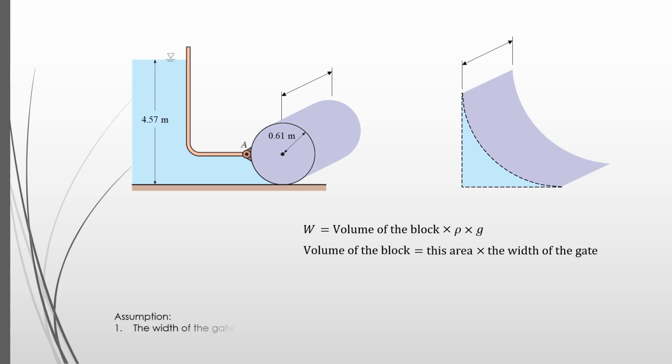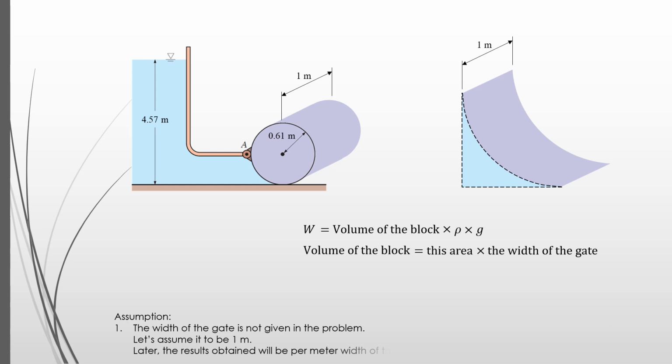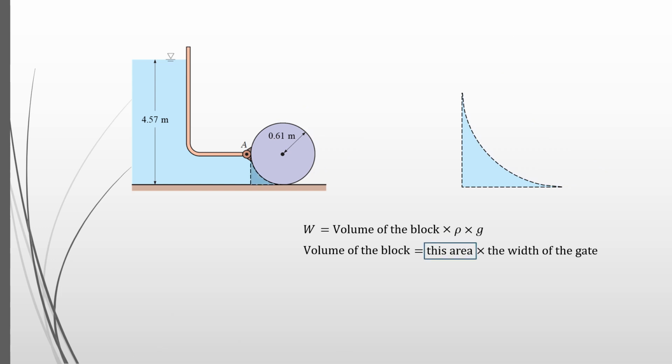Let's take an assumption. The width of the gate is not given in the problem. Let's assume it to be 1 meter. Later, the results obtained will be per meter width of the gate. This area is nothing else but the area of this square minus the area of a quarter circle.